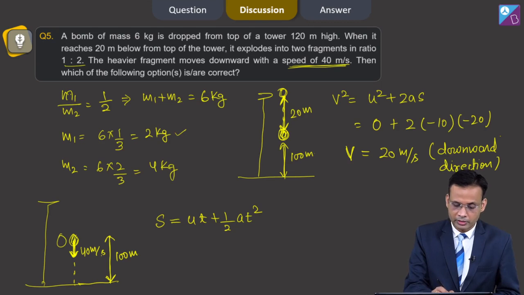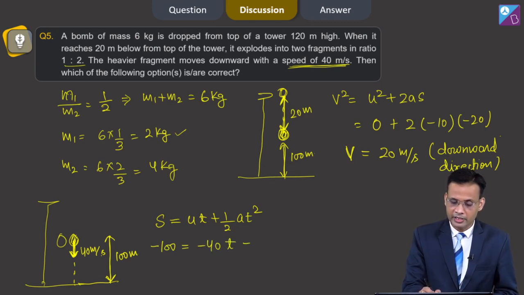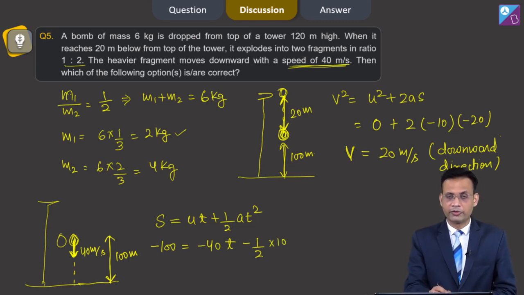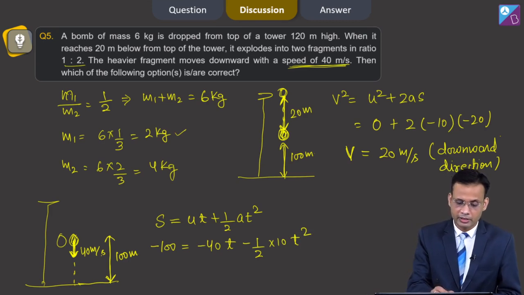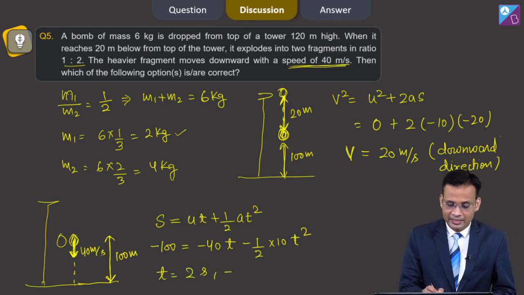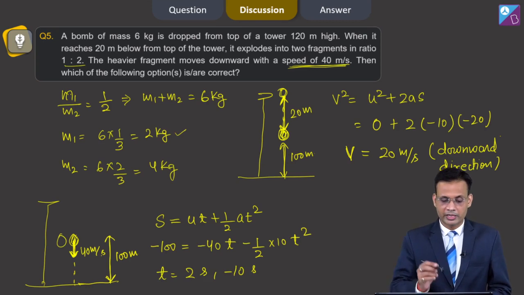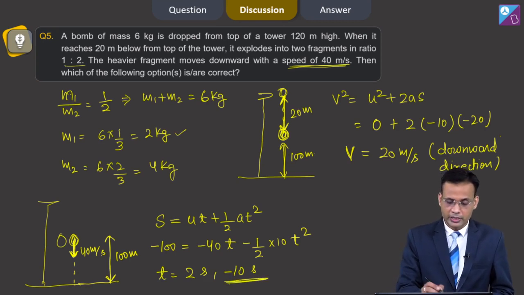So, s is equal to minus 100, u is minus 40, and minus half, acceleration is 10 t square. If we solve this equation and find the time, then t is equal to 2 seconds and minus 10 seconds. We can neglect this negative time. So, the time taken by the heavier object to reach the ground is 2 seconds.